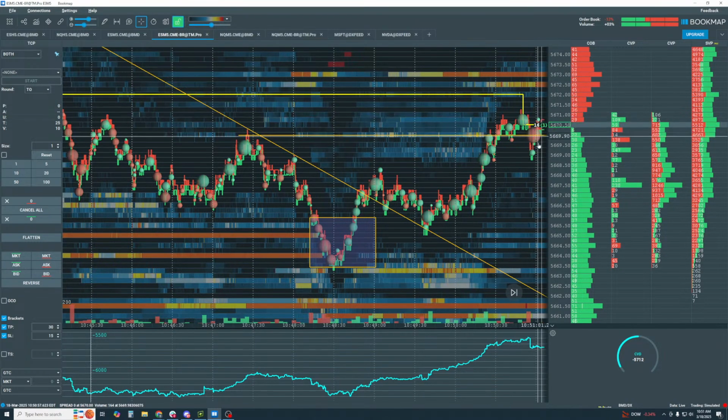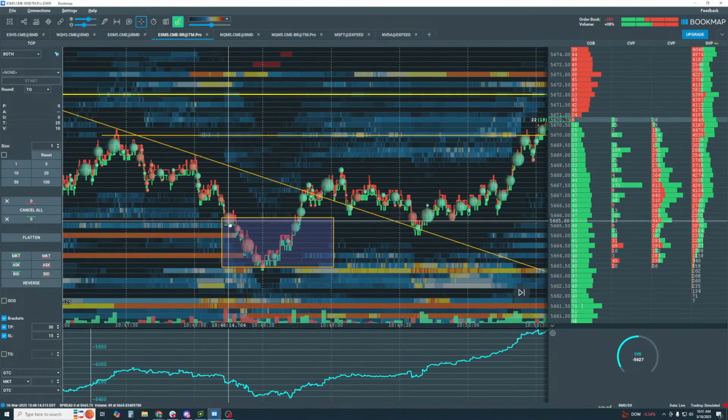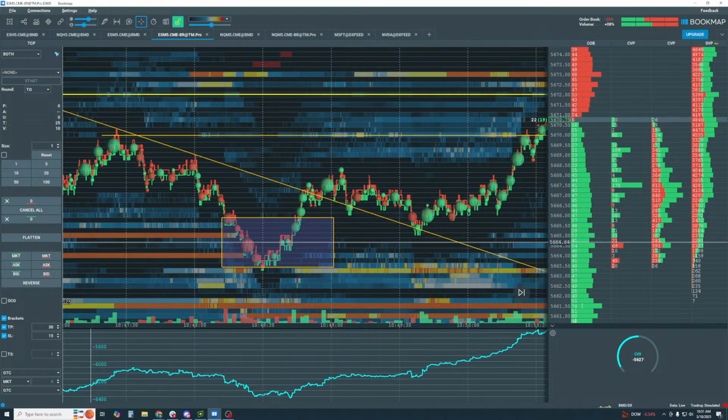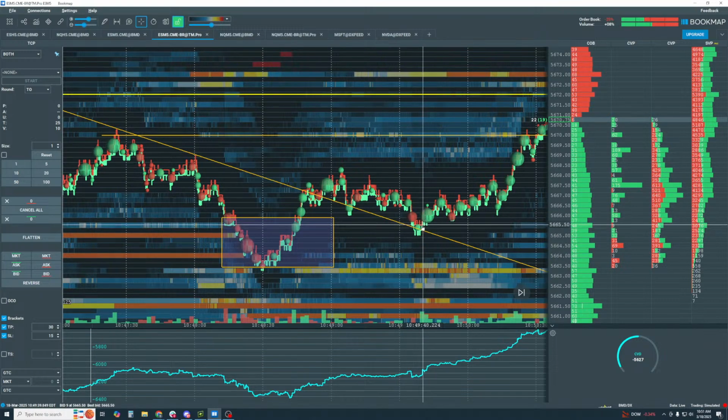This is a great way to start to understand, like, wow, okay, see the selling down in here. This is trapped. I mean, it could be a stop run, could be new sellers, whatever it is. Look where the retest came. You just can't make this stuff up.